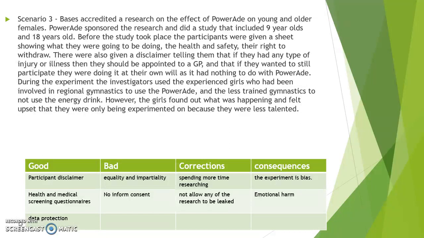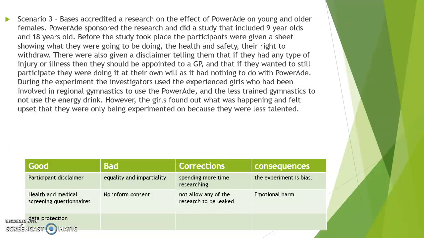Lastly, there was no informed consent, and as we know from the first scenario, this would be very traumatizing, because in this case they are letting the personal information of the participants into the open world.